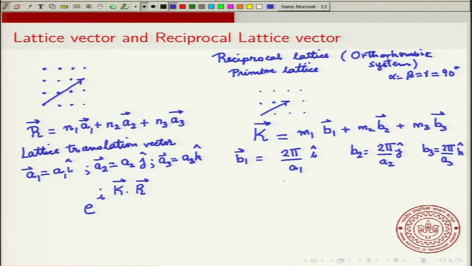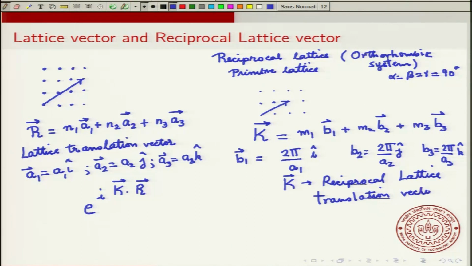So k is a reciprocal lattice translation vector, and we will see what happens when you do this.